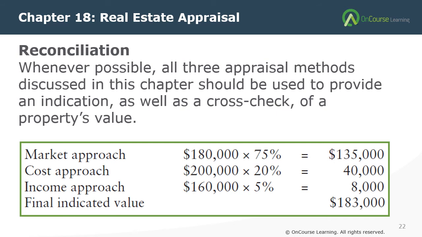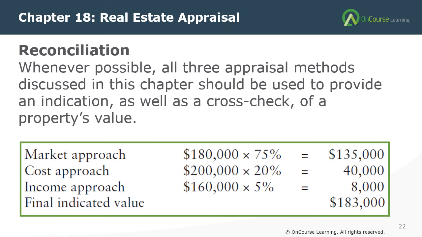The appraiser then uses his or her experience and knowledge of the market to apply weights to the different approaches. In this case, I see that the appraiser had a great deal of confidence in the data and his application of the market approach, and hence assigned a 75% weight to the market approach.